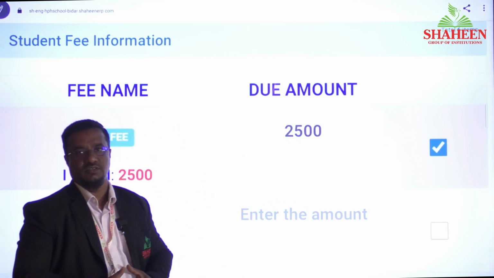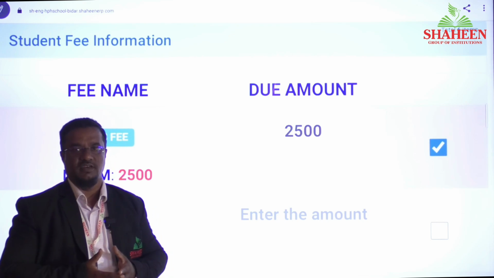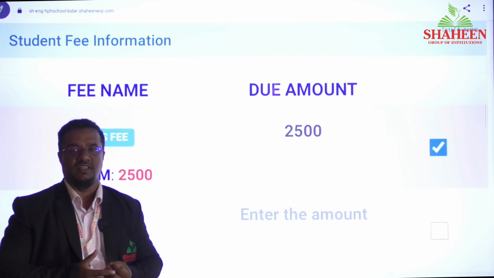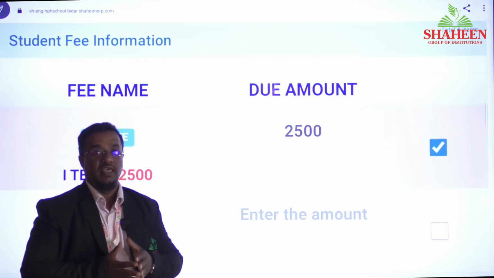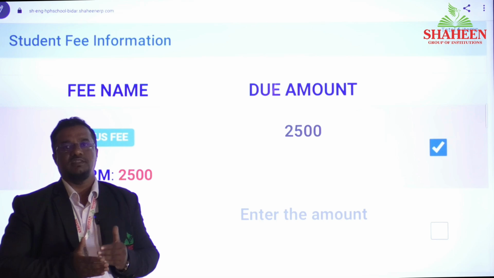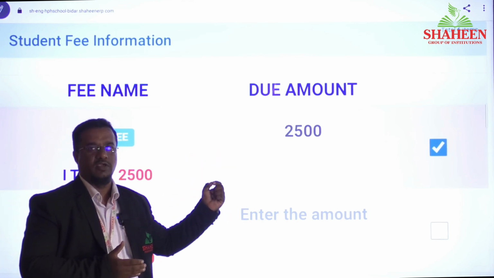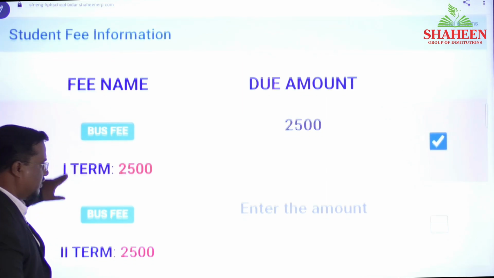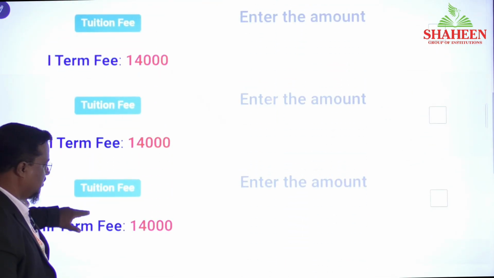There is a condition: if the fee of your child is more than 10,000, then you cannot pay less than 10,000. The minimum payment is at least 10,000. If the fee itself is below 10,000, then whatever amount is there, simply click on it and you can pay. Moving further, you can find all the details mentioned down.